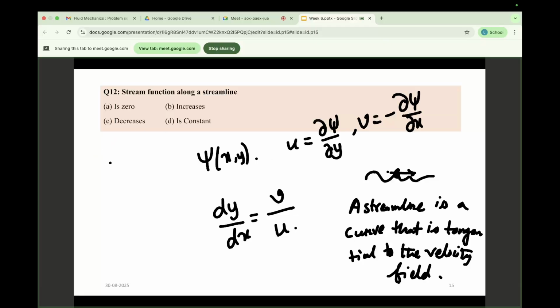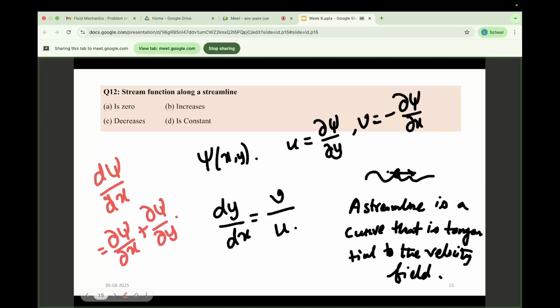Okay. So to check, we have to find the derivative of this with respect to x. First the partial derivative with respect to x, then the partial derivative with respect to y, using the chain rule, which you have studied in math, right?